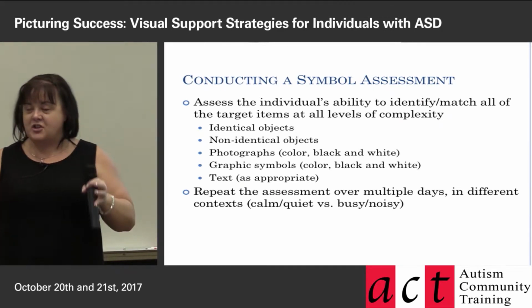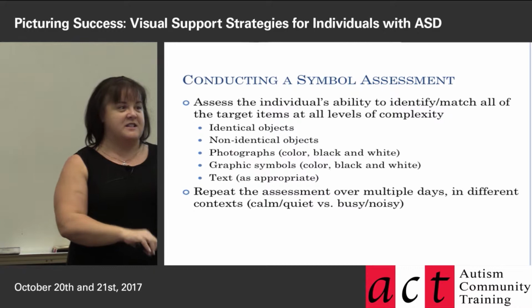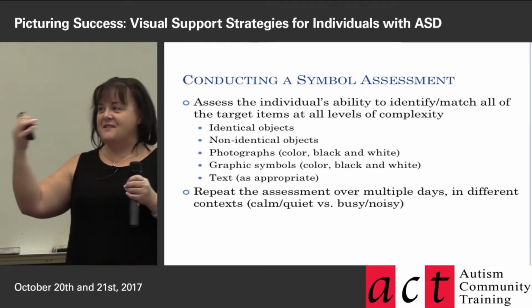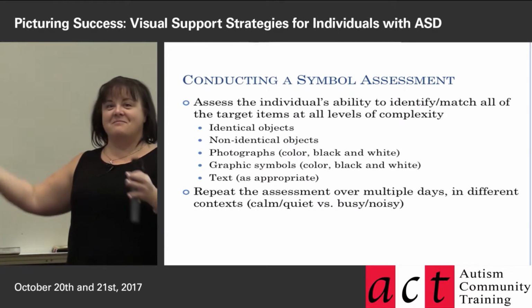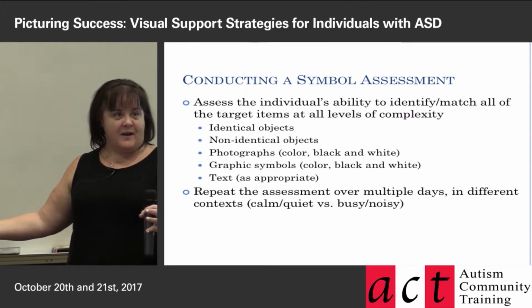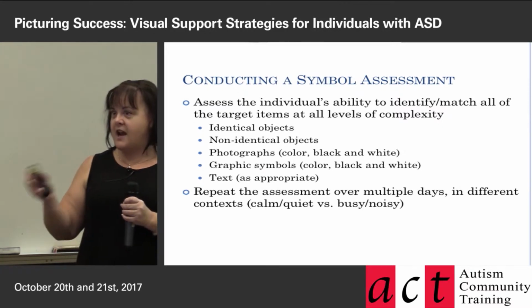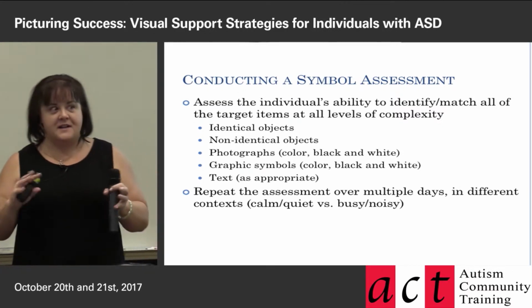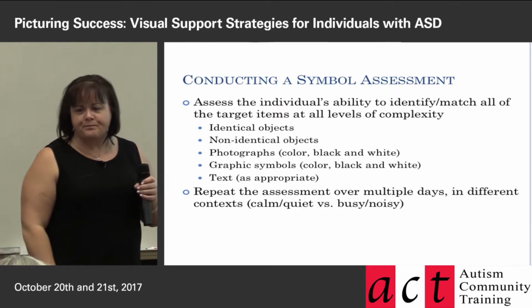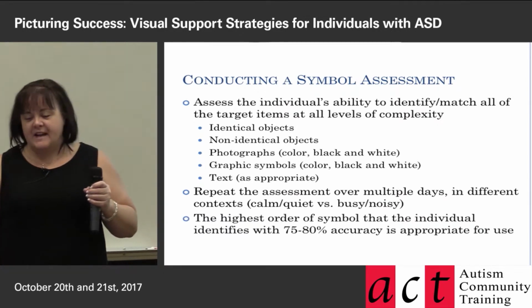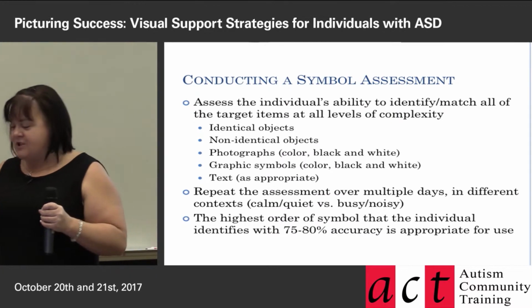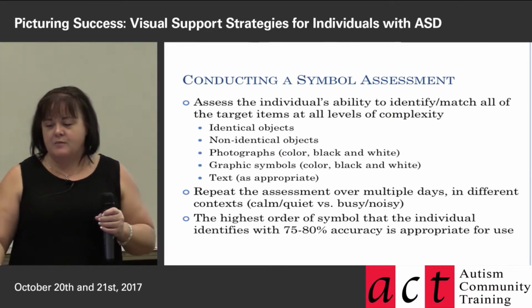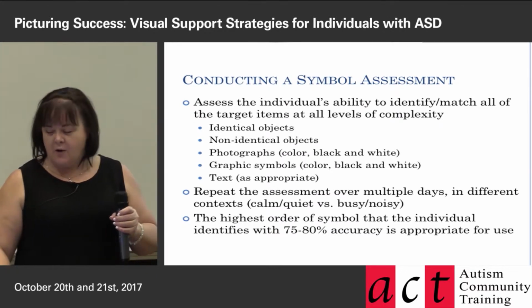So it's not just about what they can understand in the best possible conditions, it's what they can understand and use in a variety of real-life situations. So I'll check both. Like I said, about 75 to 80% accuracy in a symbol assessment is what you're looking for.